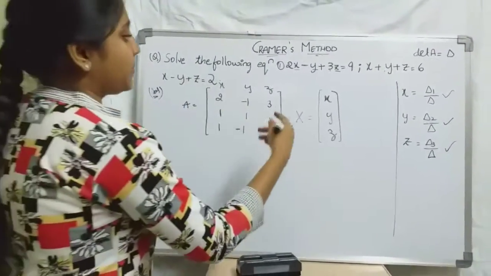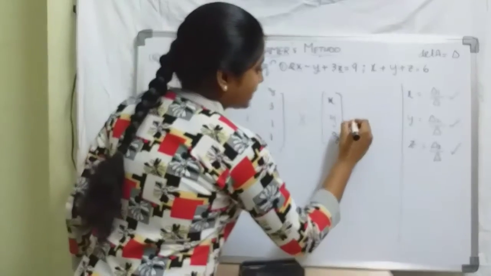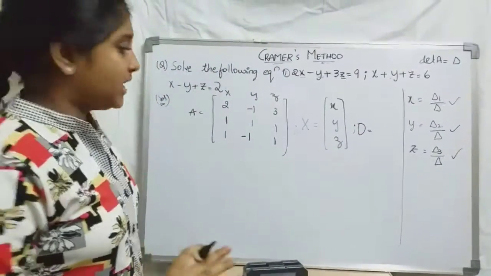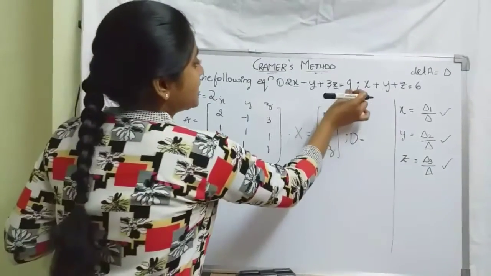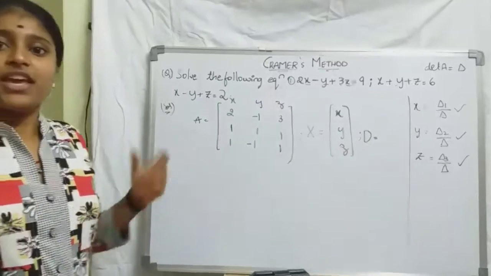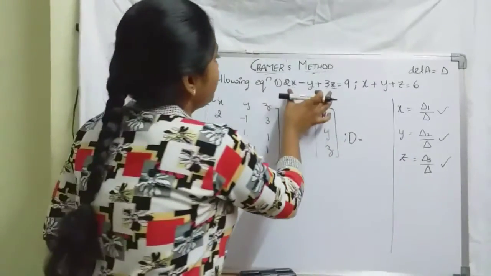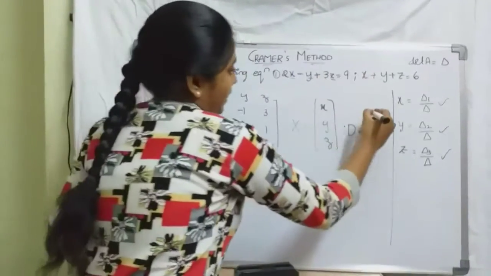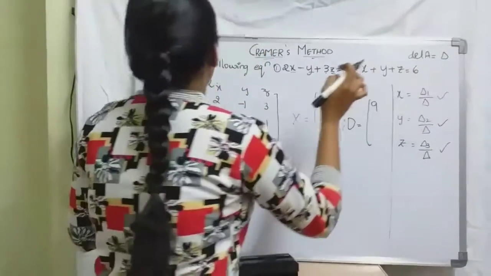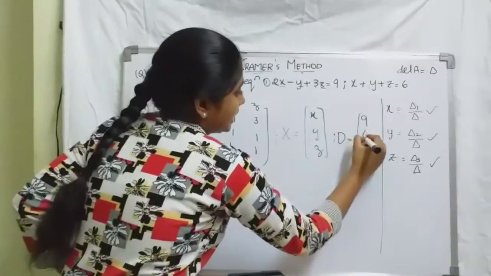Now there is one more matrix which we will write, denoted with the letter D, that is the constants of the equations, the given constants of the linear equations. For the first equation we have 9, so it is 9. For the second equation they have given 6, that is 6.